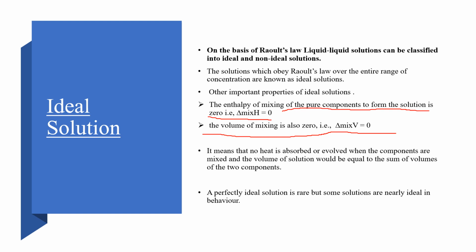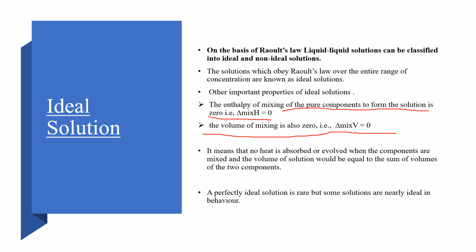And there is a condition for ideal solutions: they are those solutions which are formed by mixing two components which have identical molecular size, structure and almost identical intermolecular forces.